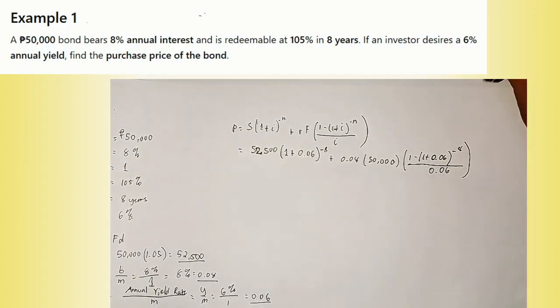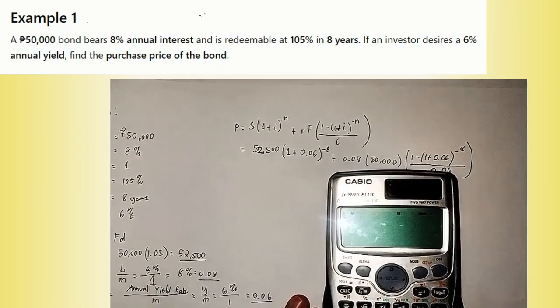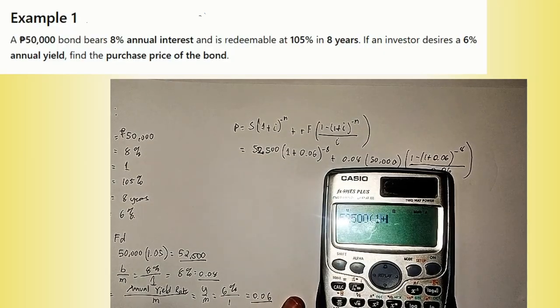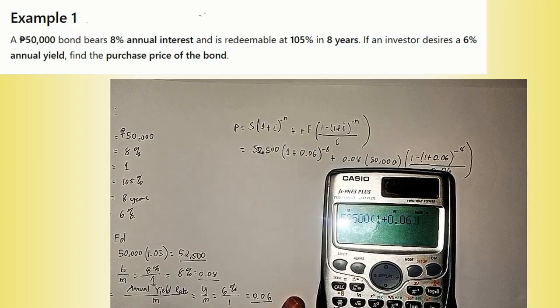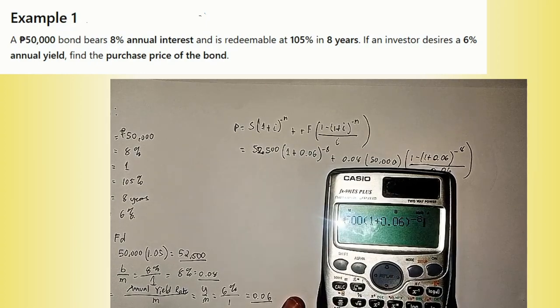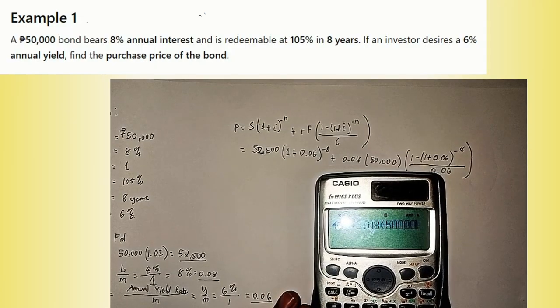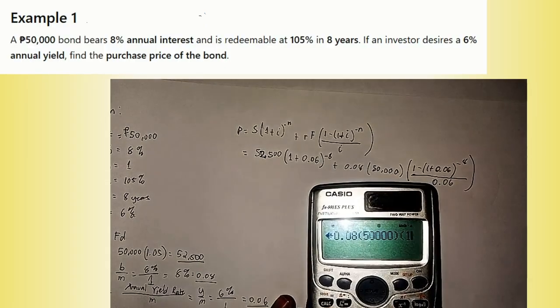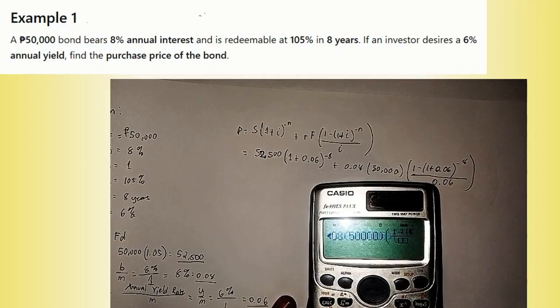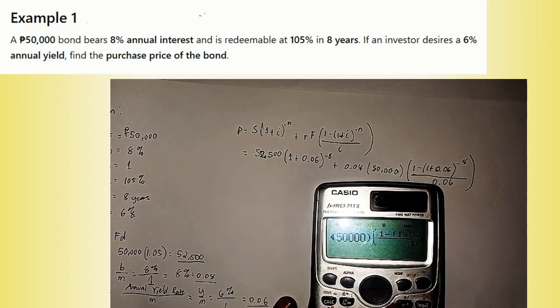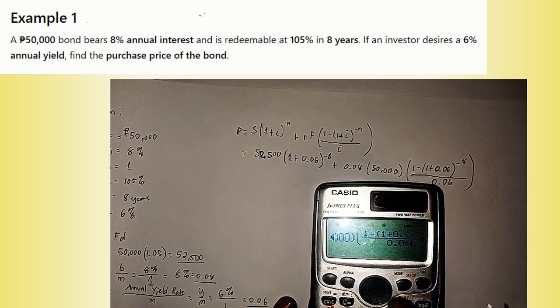So let's substitute this into our calculator. 52,500 times (1 plus 0.06) to the power of negative 8, plus 0.08 times 50,000 times (1 minus (1 plus 0.06) to the power of negative 8) over 0.06.